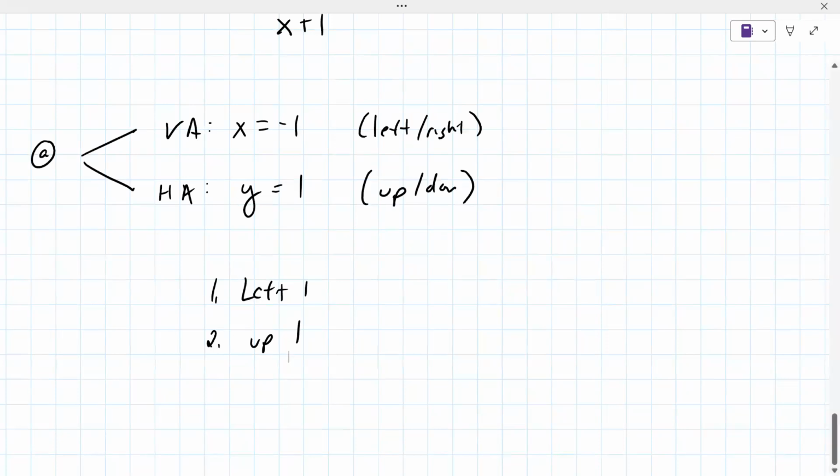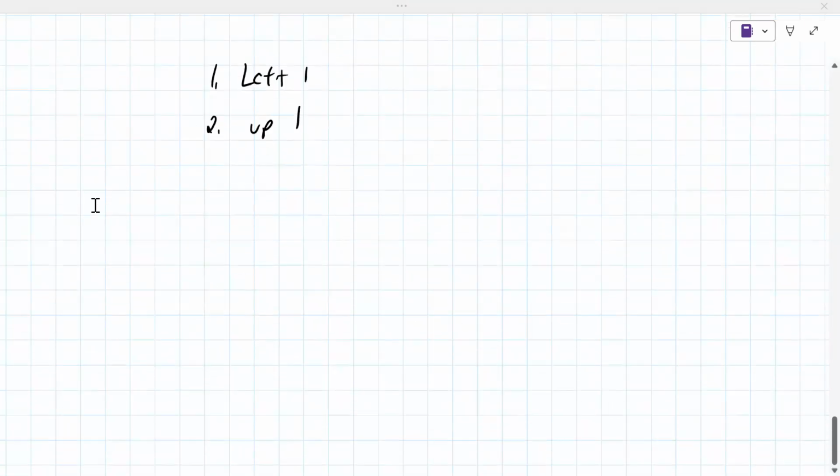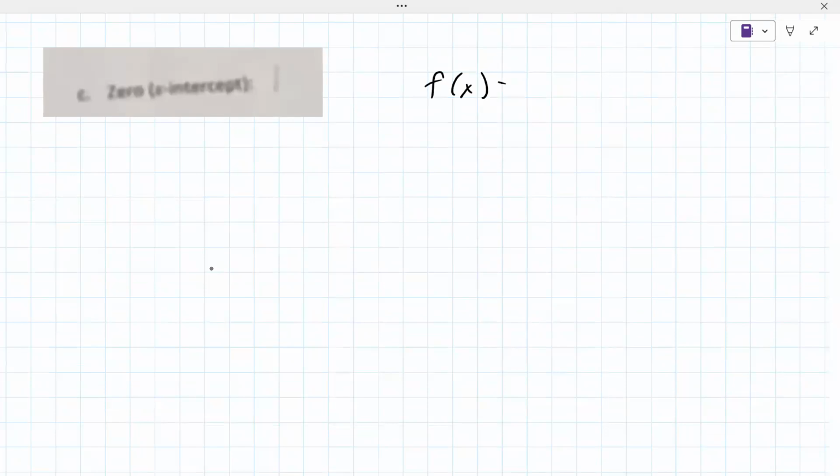That is part A. Part C is the x-intercepts. From this form right here, how do you find the x-intercepts? I remember y is the zero of both.